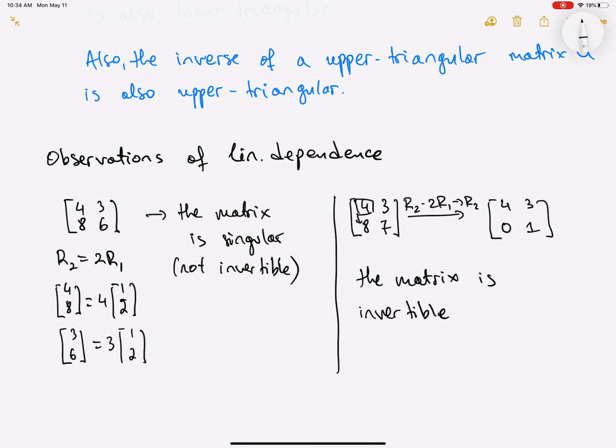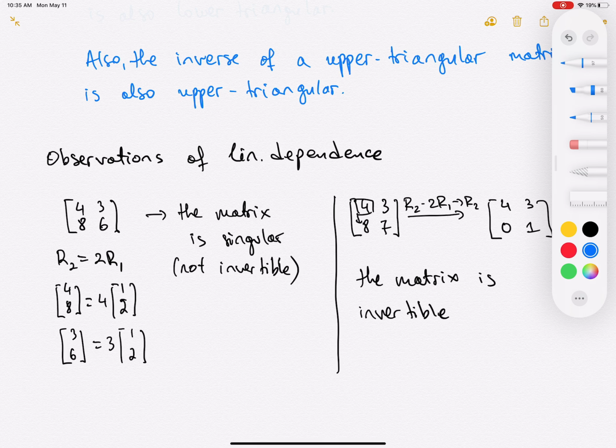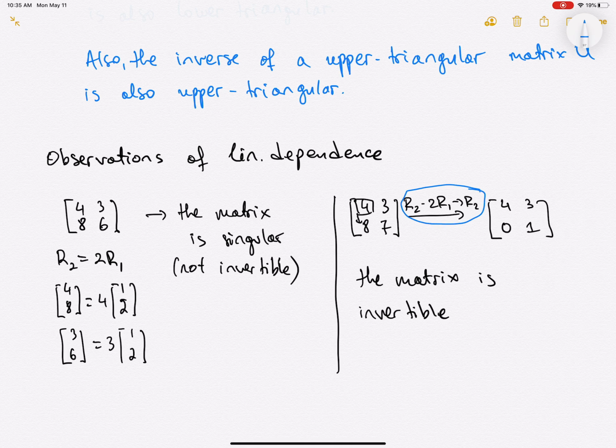And perhaps I should mention here that the main reason is that these elementary row operations do not change the invertibility or the singularity of the matrix. On the contrary, they preserve it.